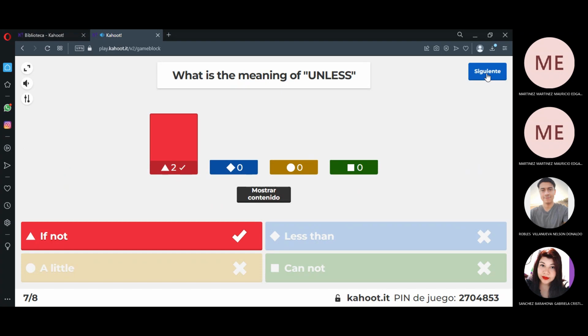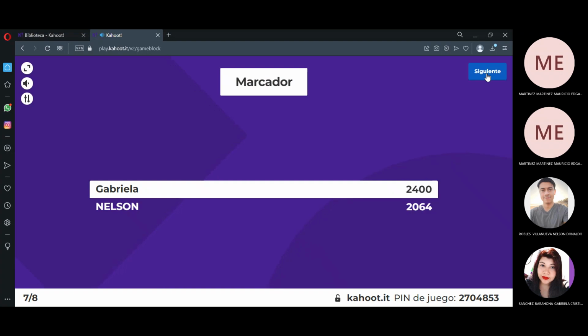Okay, that is completely true. What is the meaning of unless? It is if not in English, but in Spanish we can say a menos que. That's true. Let's move to the final question.